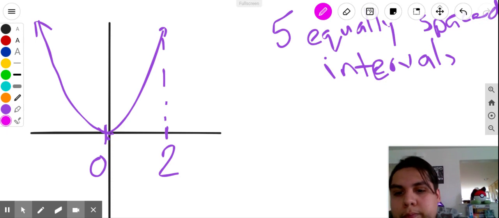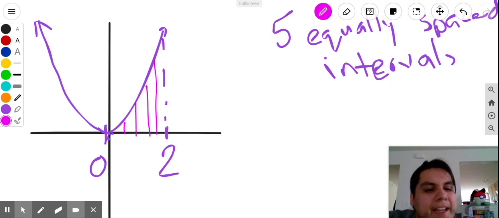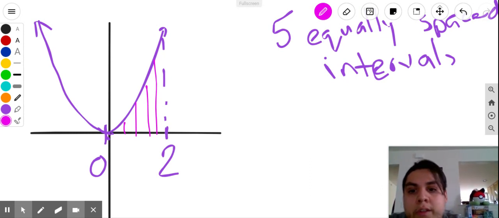So starting there, 1, 2, 3, 4, 5. You guys get the picture I'm trying to go for. I didn't do a great job, but I tried. Okay? So if I'm doing the lower estimate, I have a choice.